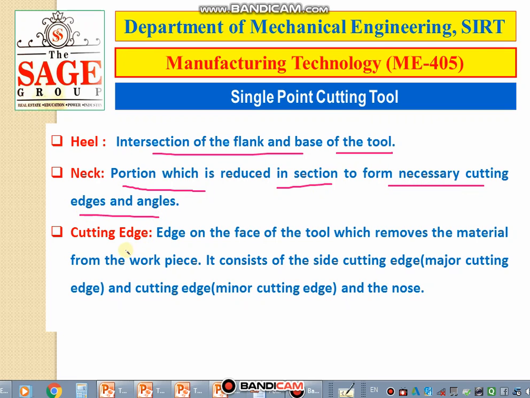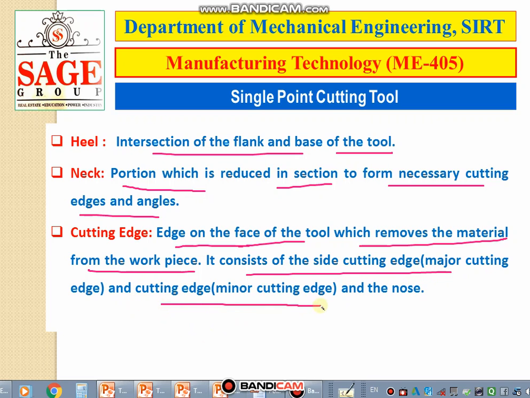And what is the cutting edge? It is the edge on the face of the tool which removes the material from the workpiece. It consists of the side cutting edge, also known as the major cutting edge, and the end cutting edge, also known as the minor cutting edge, and the nose also.